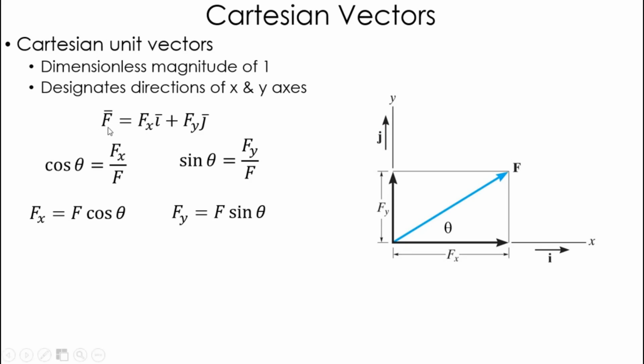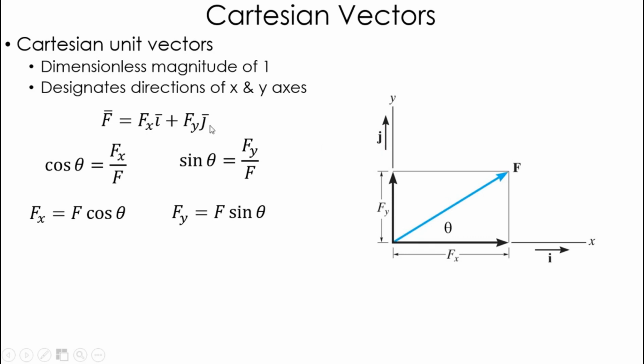So we could write a force vector like I have here as the force in the x direction times the i unit vector plus the force in the y direction times the j unit vector. So again, I have this magnitude Fx in the i direction and this magnitude in the y direction, and I multiply that times the j vector.